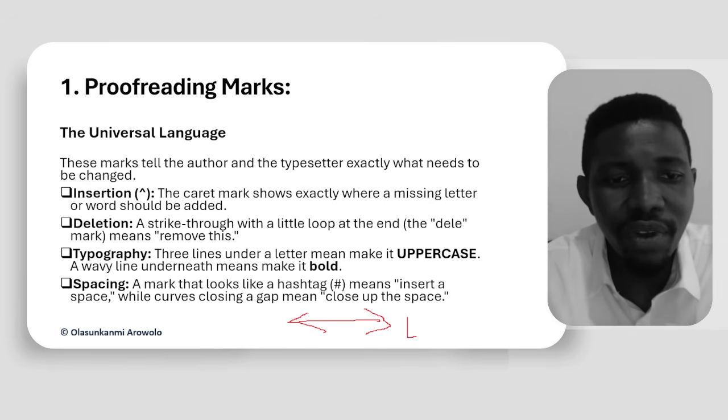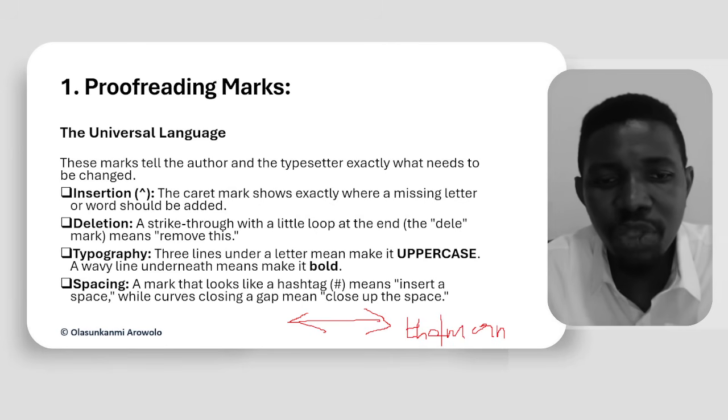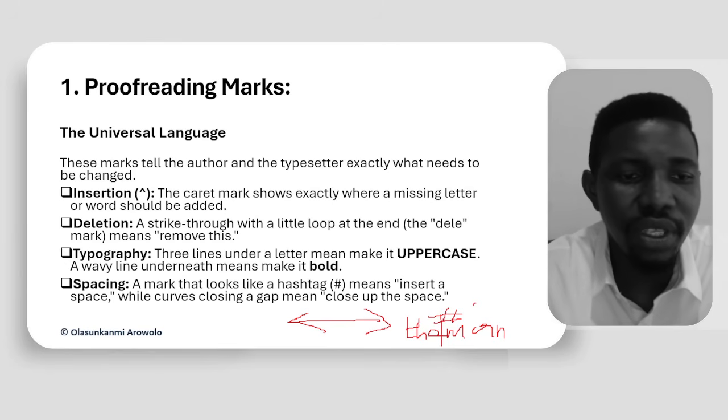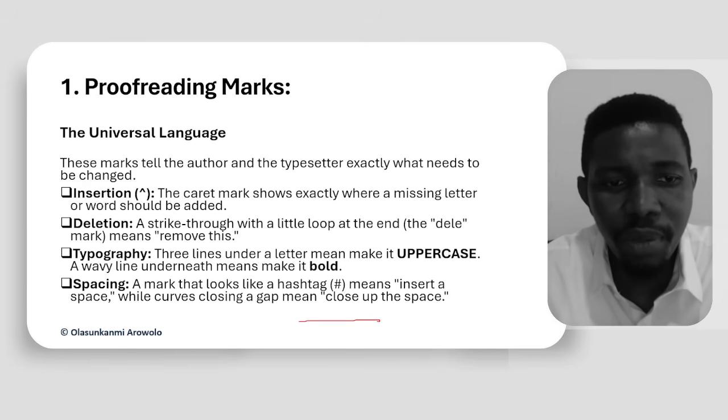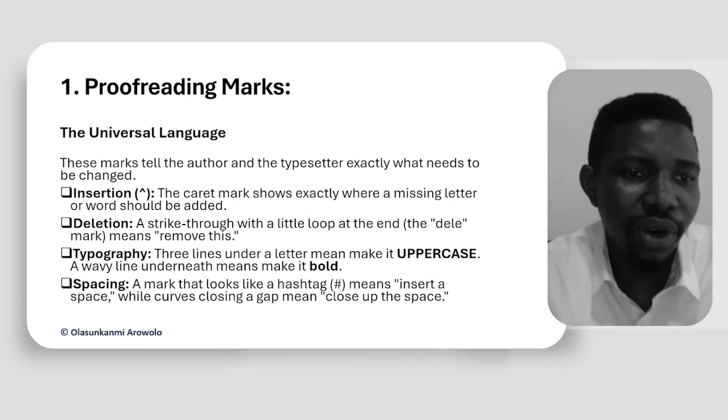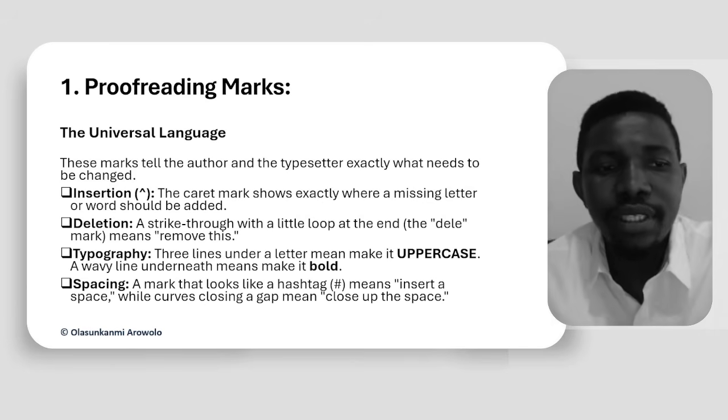For example, if I have a word like "demand", let's say we have "demand" all together, and I put in a strike here, it means you should separate this. Or if I put in a hash sign, it also means you should separate this. So that is some of the things you need to know. If you need to read more about the signs and symbols, make a request for the monograph copy, and that will help you understand it better.